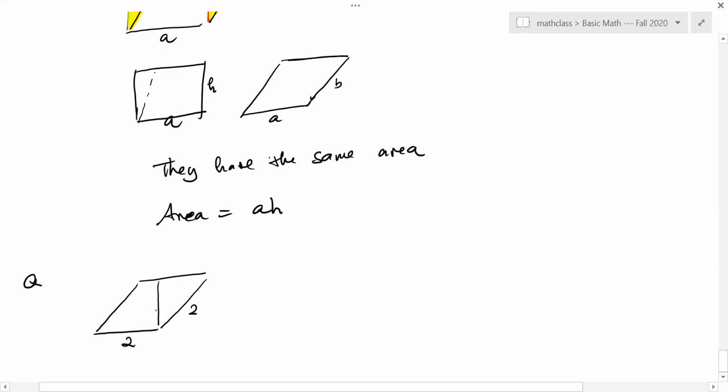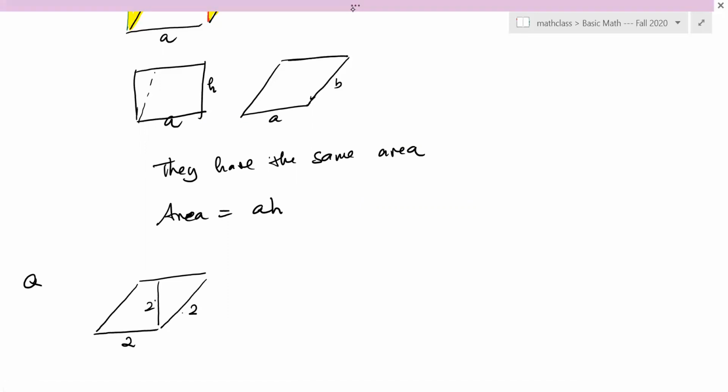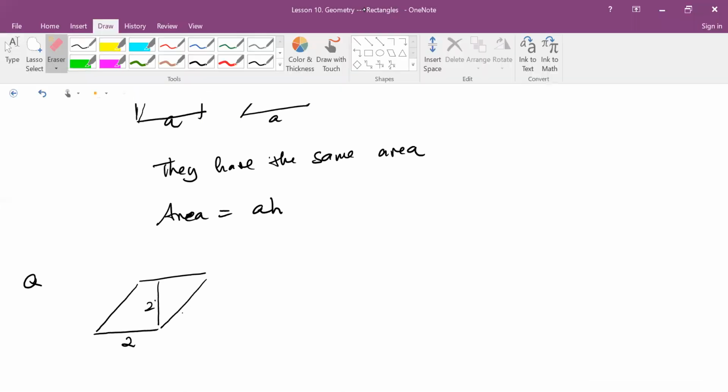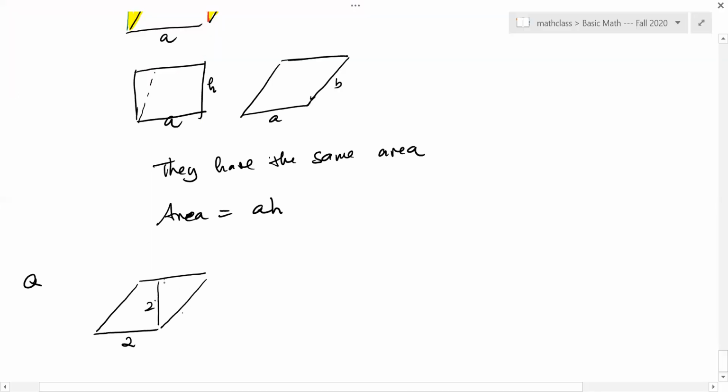This cannot really be 2 in the picture, it could be 3, it doesn't matter, so we don't want to give information here. So the area is just 2 times 2, which is 4.